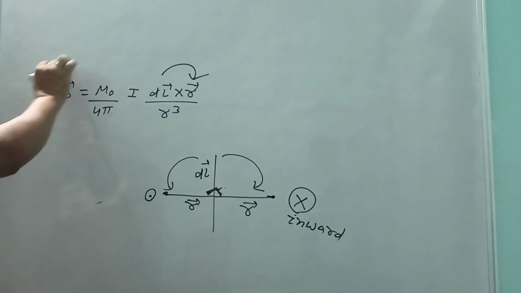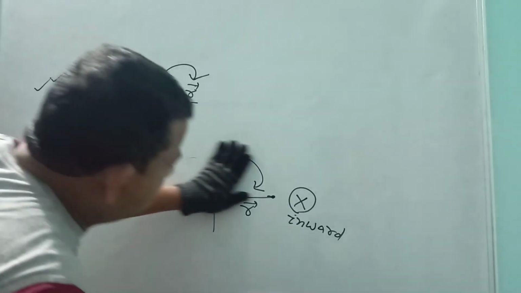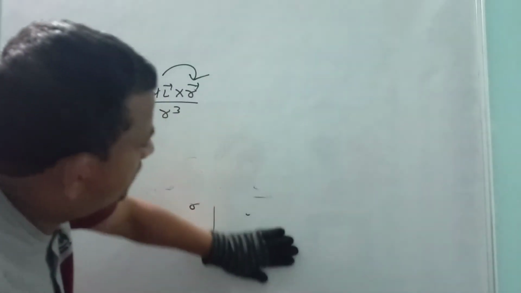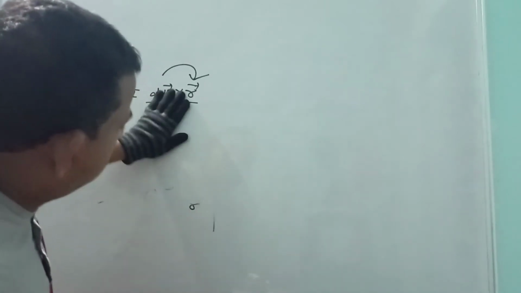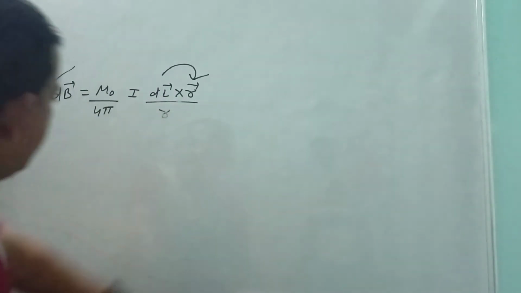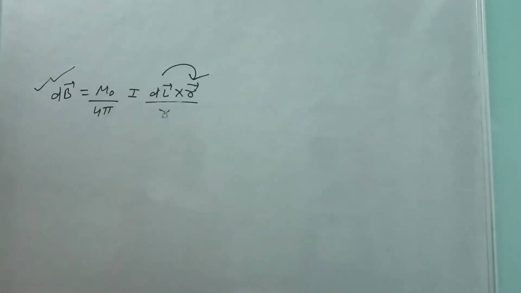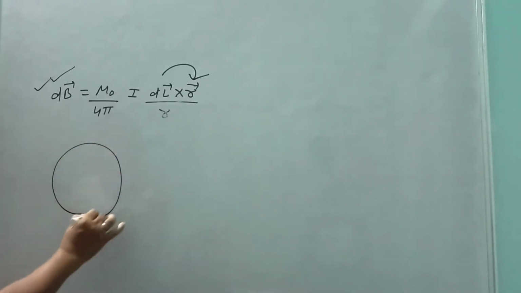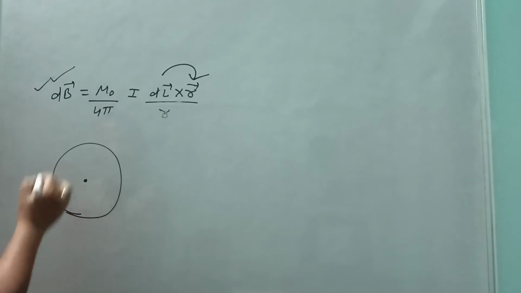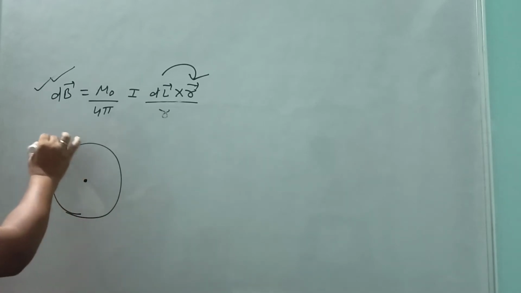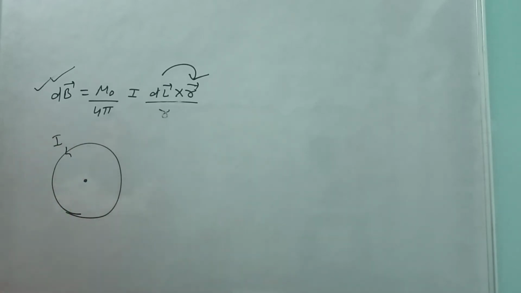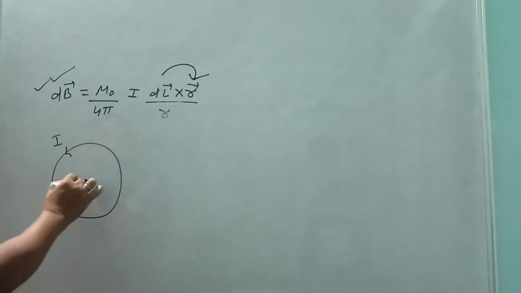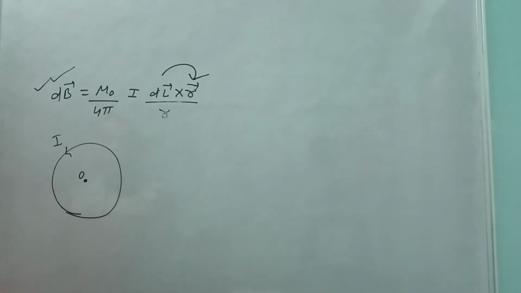And this Biot-Savart law is applied to a circular conductor as well as a straight conductor. Suppose this is a circular conductor, it carries current I. So how to find out magnetic field at this point O? The radius of the circle is r.